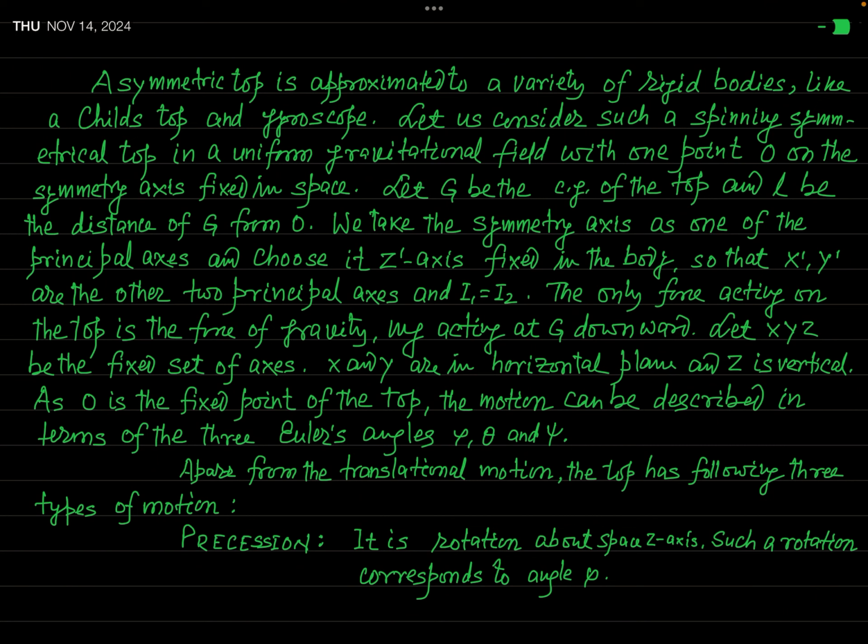Okay? Now, as I have told you that apart from the translational motion of this top, actually there are three types of motion. The first one is called precession, or precessional motion. Actually, what is this precession? In fact, this precession is rotation about the space z-axis.